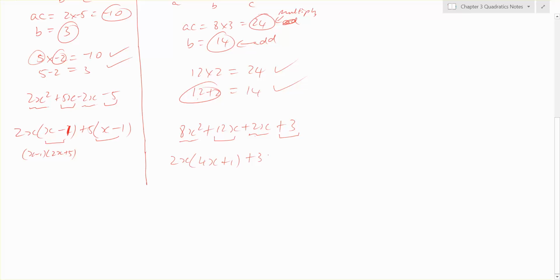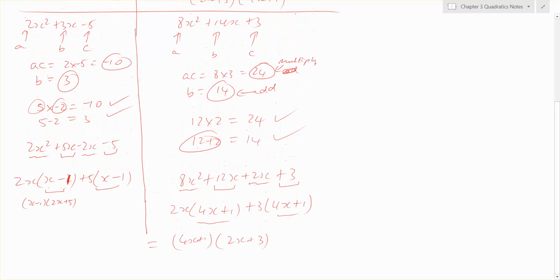They're both going into 3, so that's 4x plus 1. So getting the common factor, we get 4x plus 1 at the front, and we're left with 2x plus 3. And that's how you factorize non-monic quadratic equations.